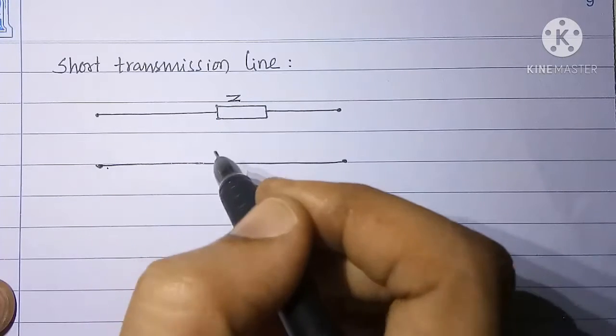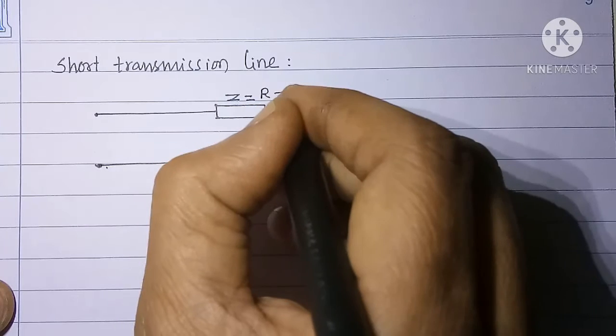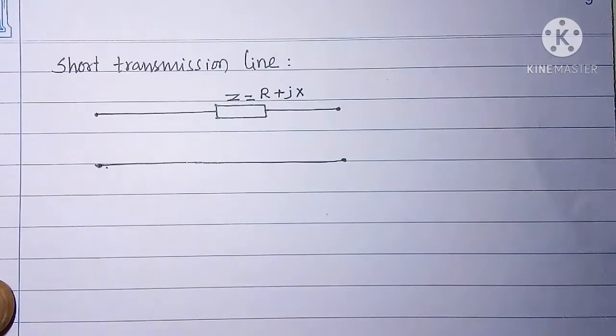And this impedance Z is nothing but R plus jX.